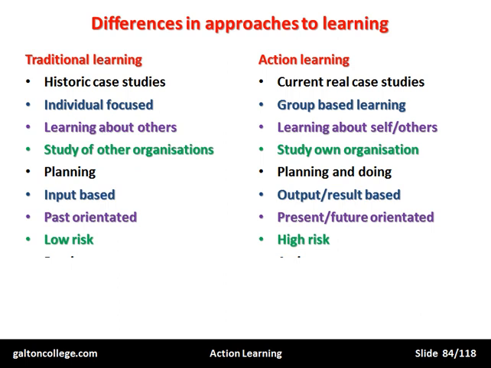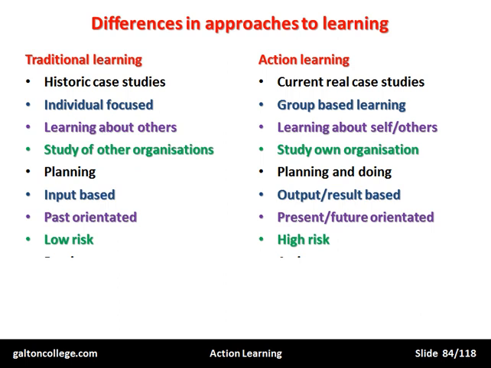There's very low risk of anything going wrong in traditional learning. The students go to lectures and to classes and talk to tutors and watch videos and read books, and there's very low risk involved in any of that. It's a question of picking up the knowledge and learning. Whereas with action learning, it's high risk.